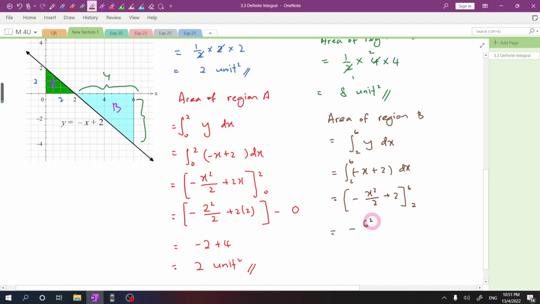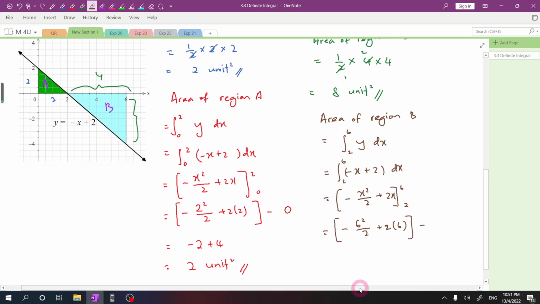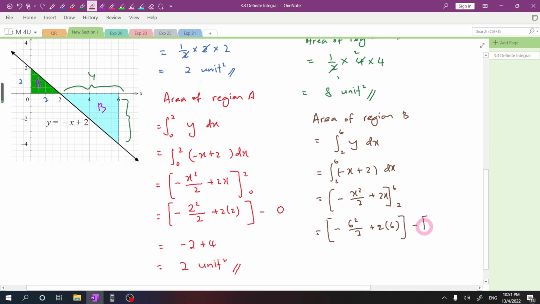Negative 6 squared over 2 plus 2. Oh, sorry, I made a mistake here. Here should be 2x. 2 times 6. Okay, so for this part, negative 2 squared over 2 plus 2 times 2.